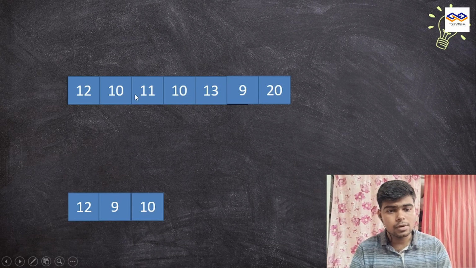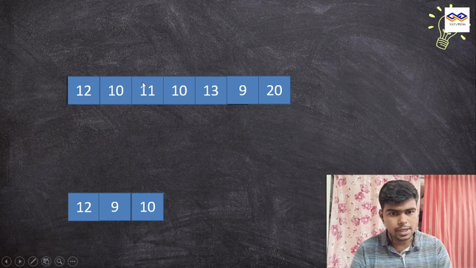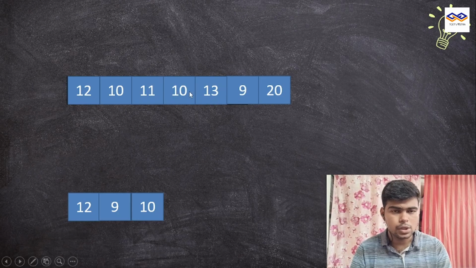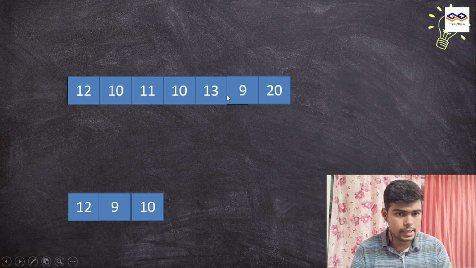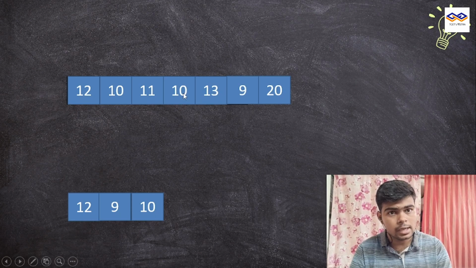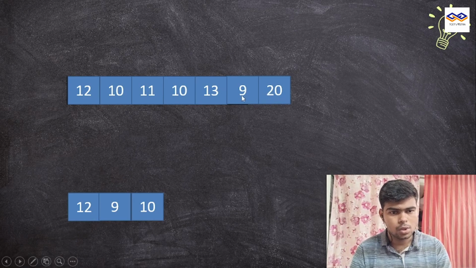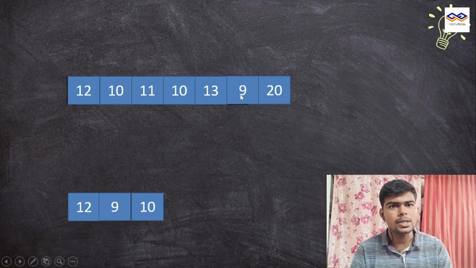Yes. So it is my local maxima. I will print it. Move ahead. Is this 10 greater than 13? No. Move ahead. Is this 13 greater than 9? Yes. Is this 13 greater than 10? Yes. So it is also my local maxima. I will print it too. Move ahead. Is this 9 greater than 20? No. So my iteration is over.